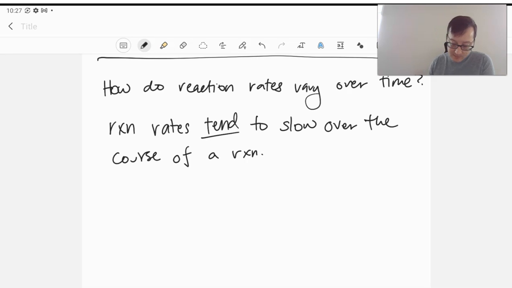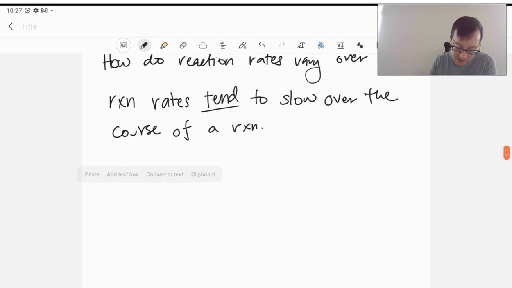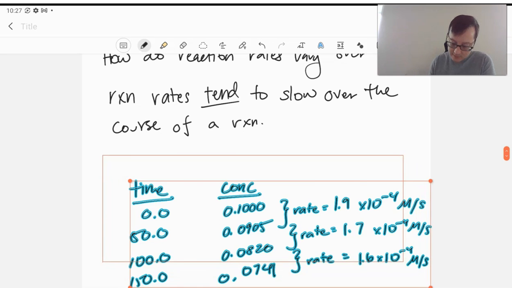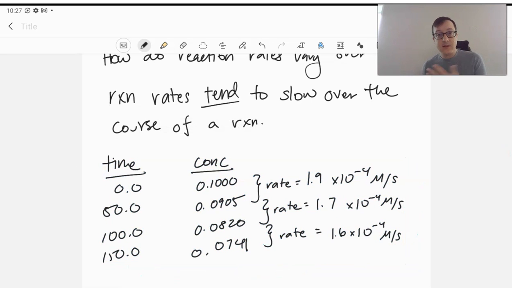And so if we take a look at some data, which I have miraculously copied here, ta-da! Here's some data points. If we look at time of sampling and the concentration that we've measured at that time, we can get some points. So every 50 seconds I've taken a measurement, and we've got the results of that measurement under the concentration here.